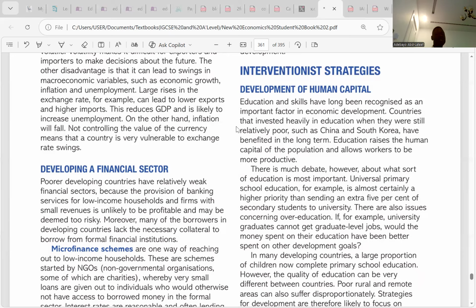Financial sector, we're talking about the banking industry mostly. So the banking industry in poorer developing countries, the banking system is weak. And because the banking system is weak, they cannot afford to give loans to customers that are considered high risk.